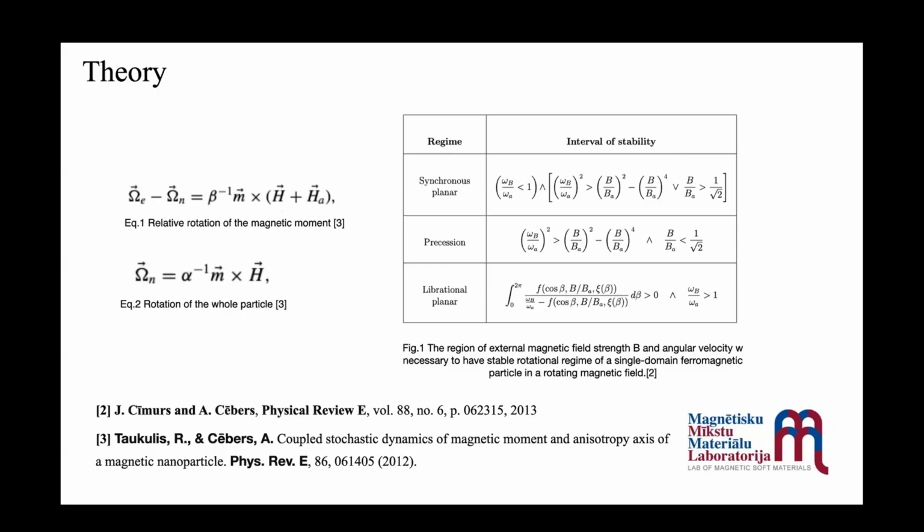So let's look a bit at the theory. In equations 1 and 2, you can see the Landau-Lifshitz type equations describing the relative motion of the magnetic moment and the whole particle in glycerin. And in figure 1, you can see the classical macroscopical model of particle rotation describing three regimes.